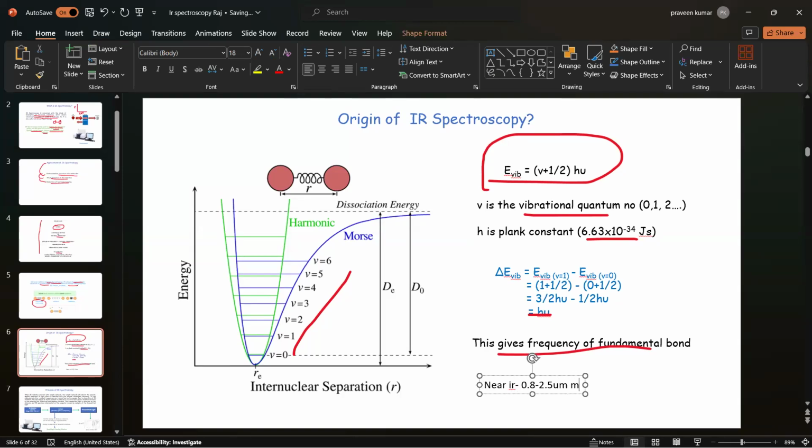The mid IR has a range from 2.5 to 15 micrometer, and the far IR has a range from 15 to 25 micrometer. So these are the important ranges which you have to remember, guys.